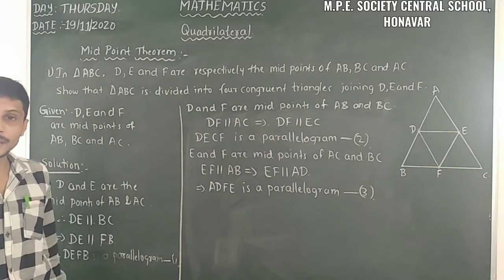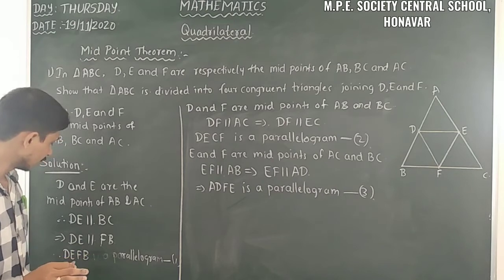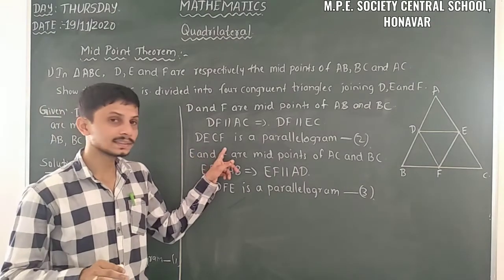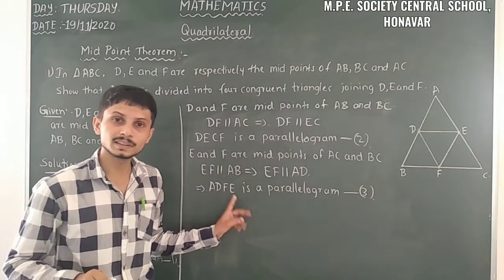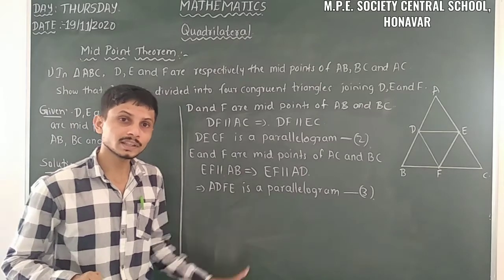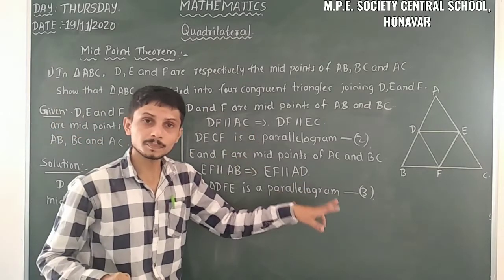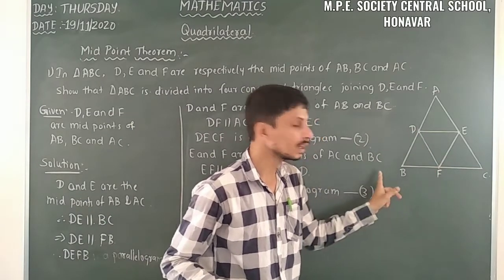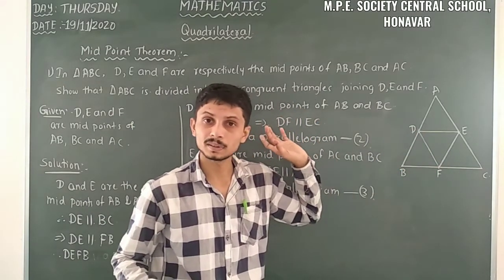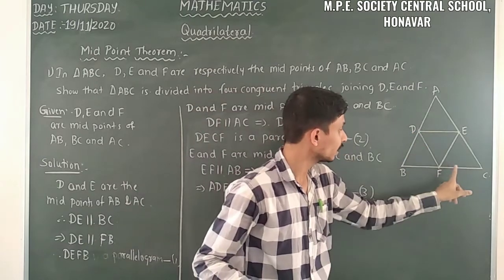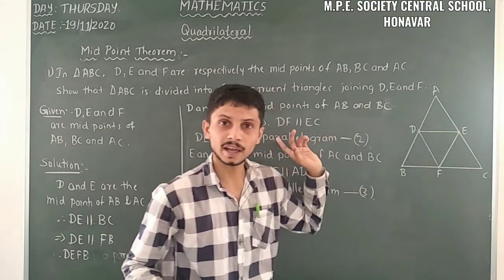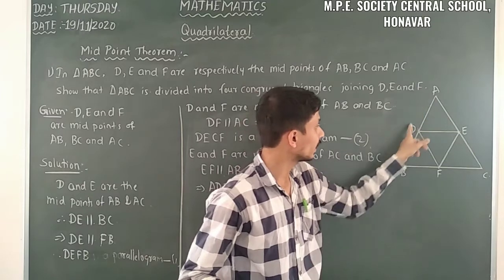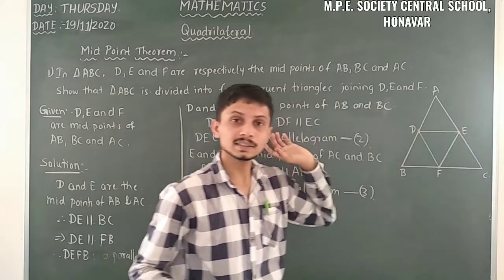So here we have three parallelograms: DEFB, DECF and ADFE. In each parallelogram we have one diagonal: from DEFB we have DF, from DECF we have EF, and in ADFE, DE is a diagonal.